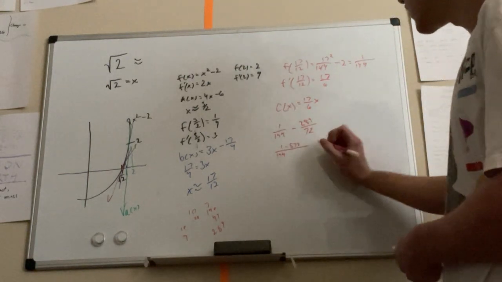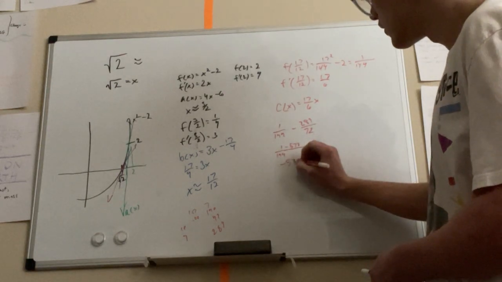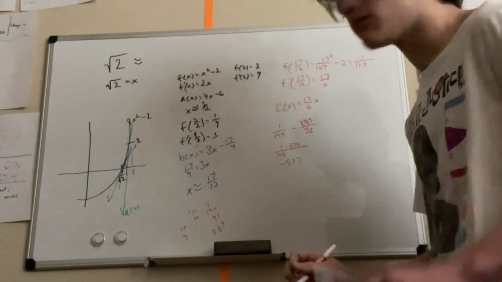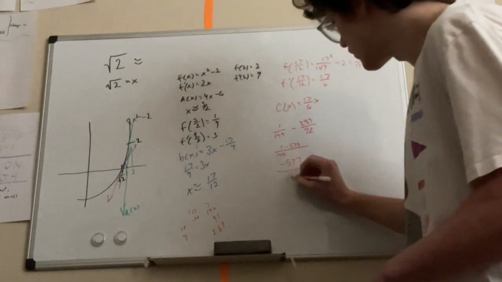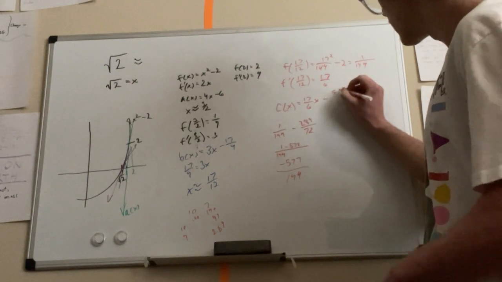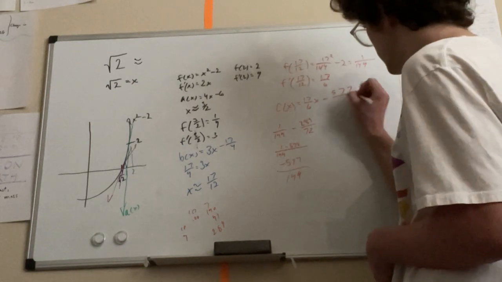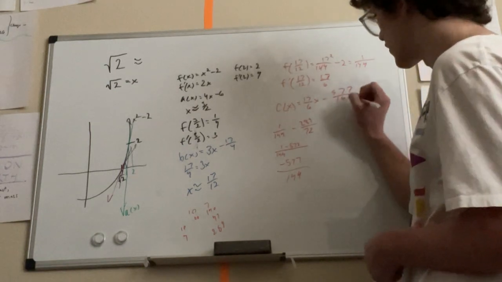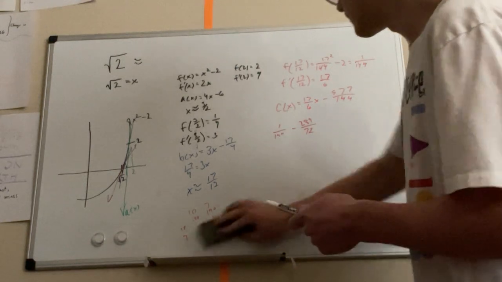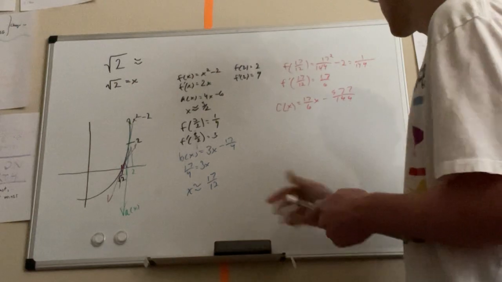Okay. And then that becomes negative 577. Okay, we got it. Over 144. And then we know that this becomes 17/6x minus 577 over 144. Alright. Let's just erase all this trivial math.